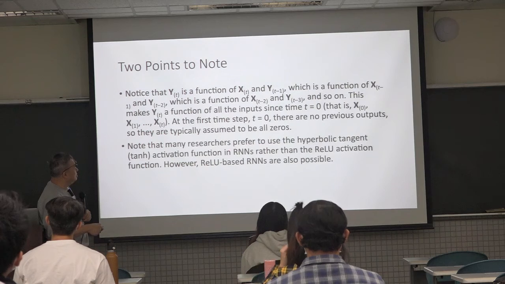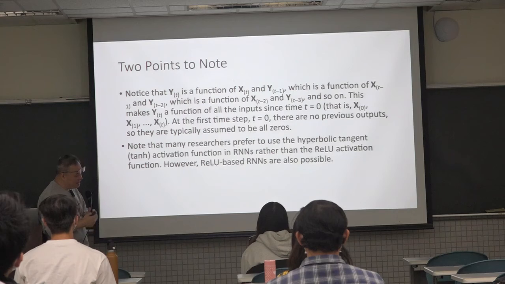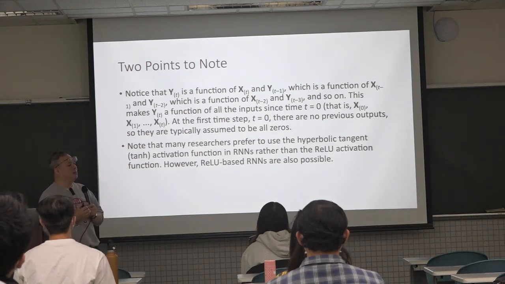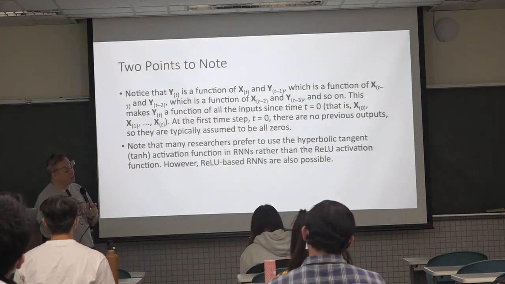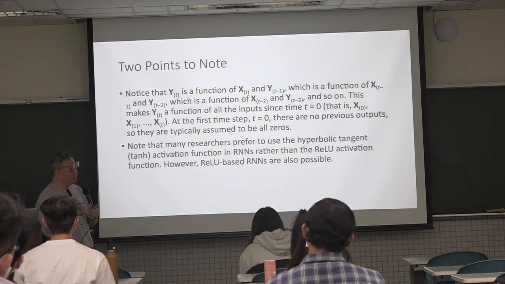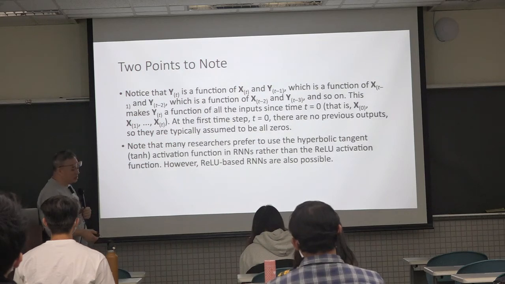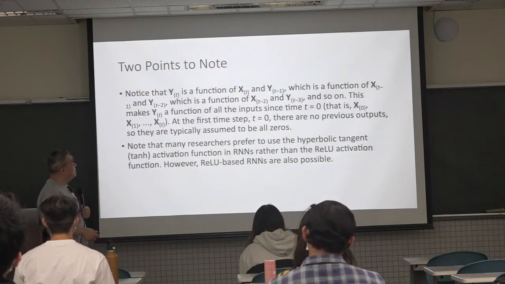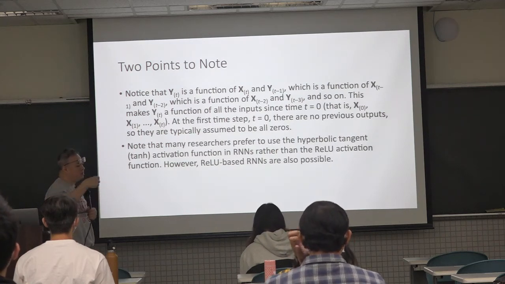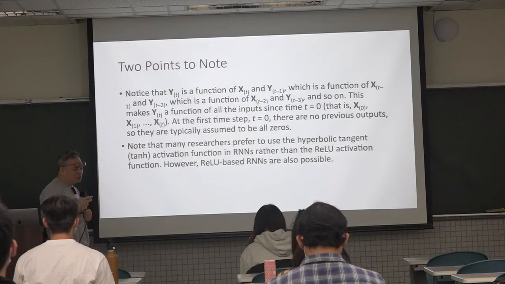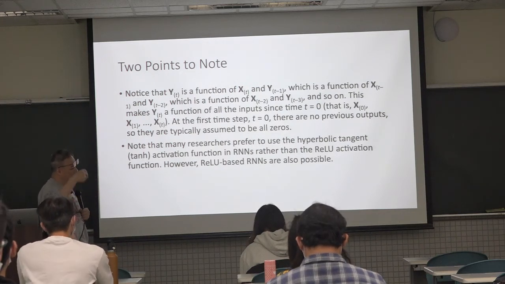So you can consider the yt is produced by all the previous inputs, not just the current input. In some sense you can consider the recurrent neural network has memory, because it considers all the inputs, not just the current input, to produce the current output.